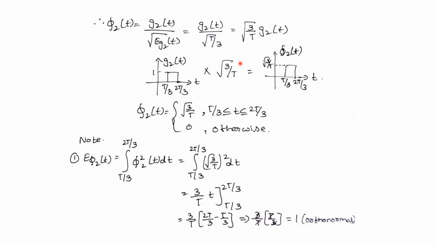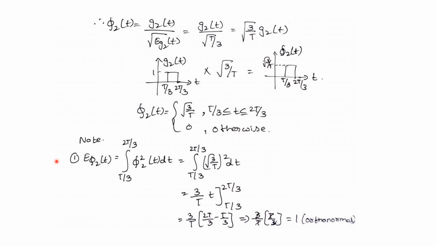Multiplying the signal g2 of t by root 3 by T, only the amplitude changes and the time intervals remain the same. Phi 2 of t is root 3 by T for the interval T by 3 to 2T by 3, and 0 for the other time intervals.